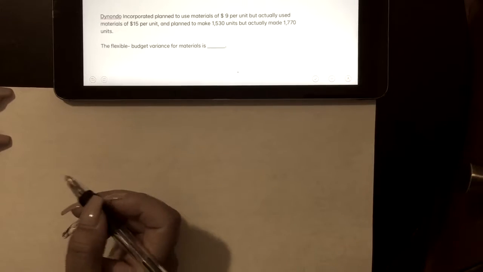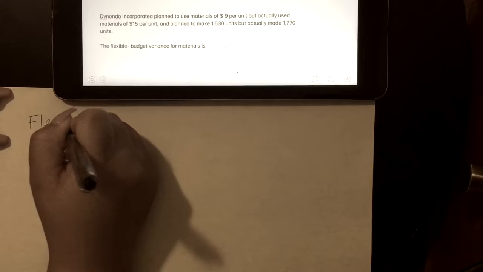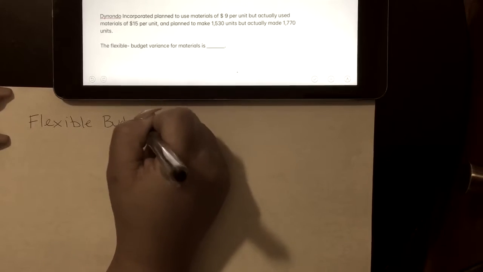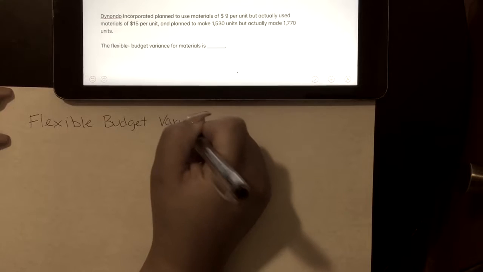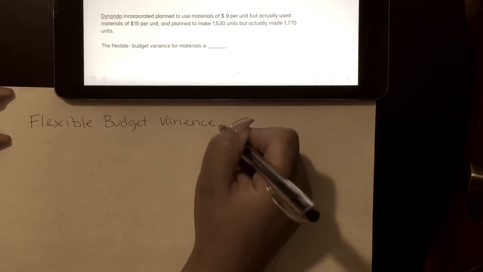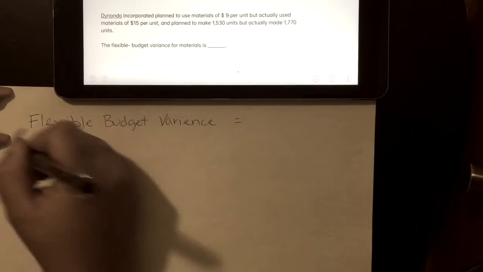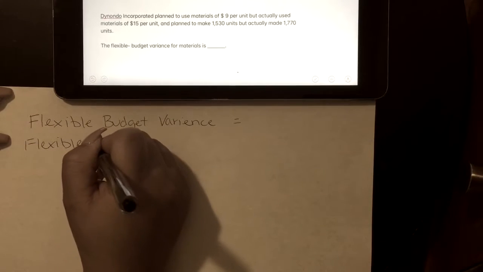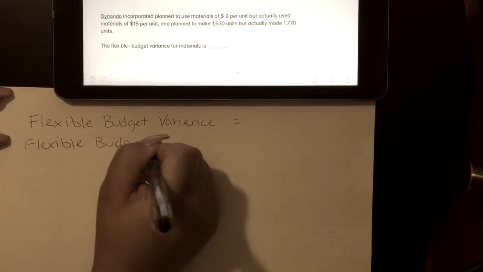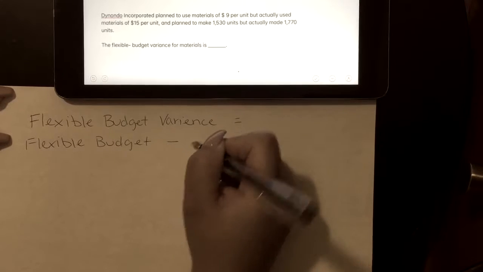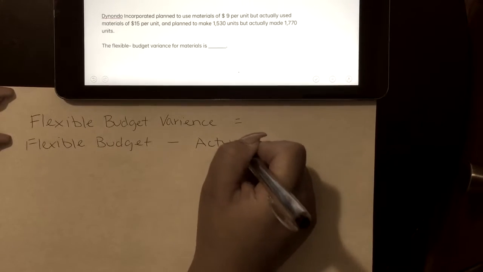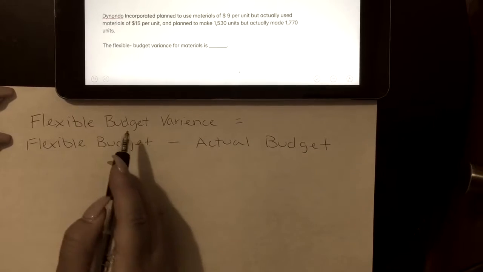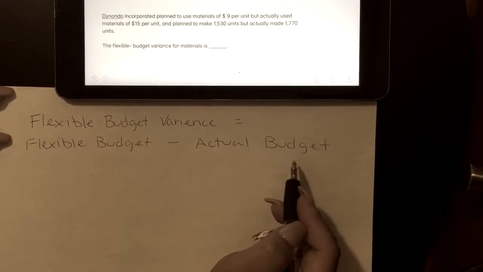So the formula for flexible budget variance is: flexible budget variance equals flexible budget minus actual budget.